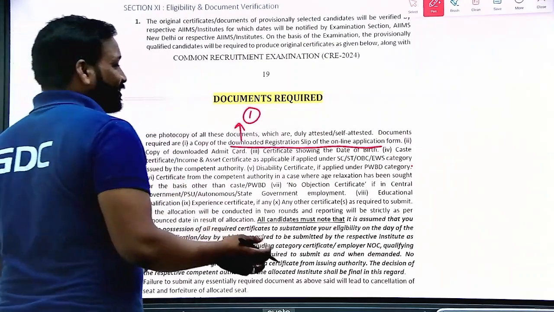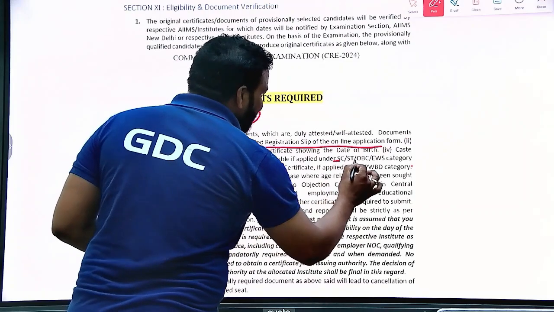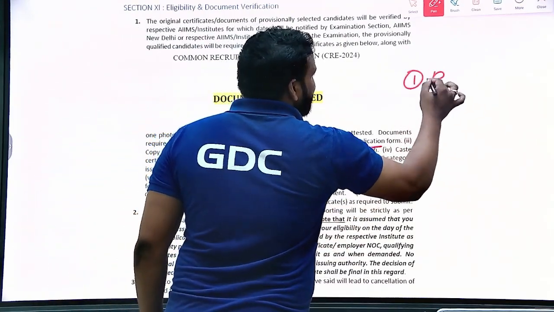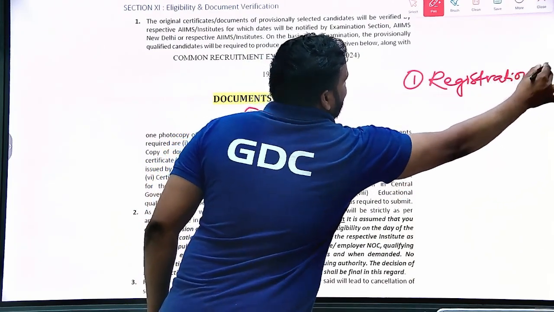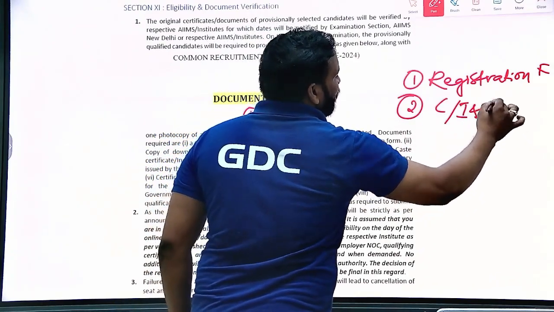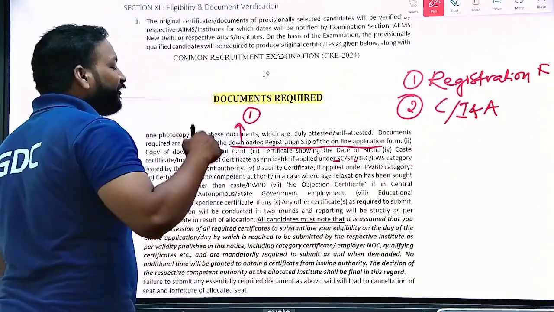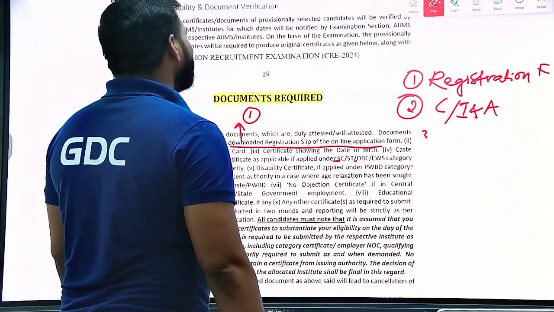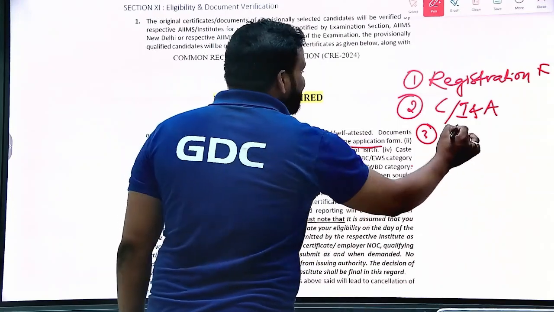And after that, the caste certificate and income and asset certificate are required for SC/ST, OBC and EWS students. First is the registration form, and next the caste and income and asset form for the SC/ST students and other OBC and EWS students. If any person has a disability, he should also get his disability certificate.